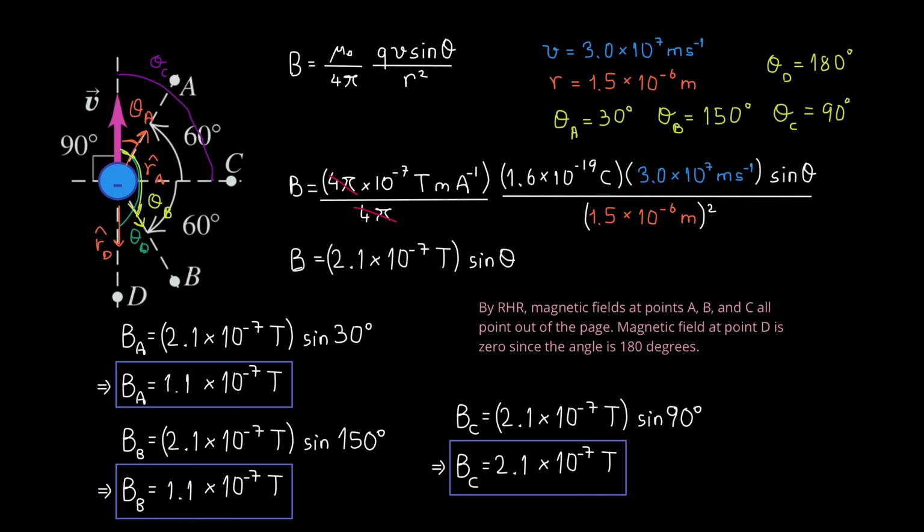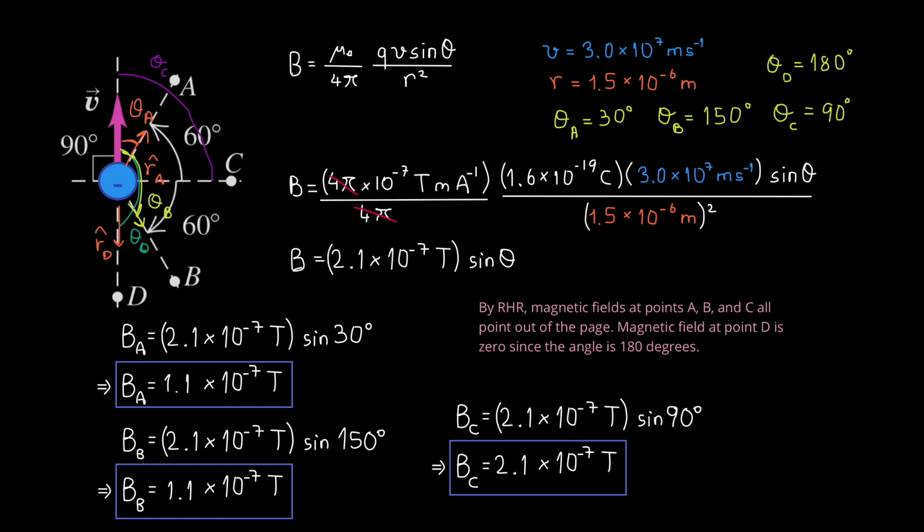At point C, on the other hand, we get the greatest value of the magnetic field because sine 90 degrees is equal to 1. So the magnetic field magnitude at point C is equal to 2.1 times 10 to negative 7 Tesla. And as I mentioned earlier, because point D is at an angle of 180 degrees, sine 180 is 0, and the magnetic field at point D is 0.